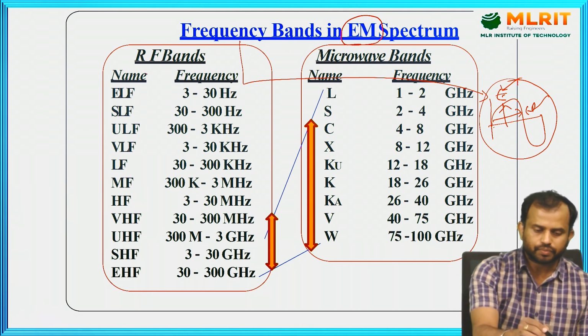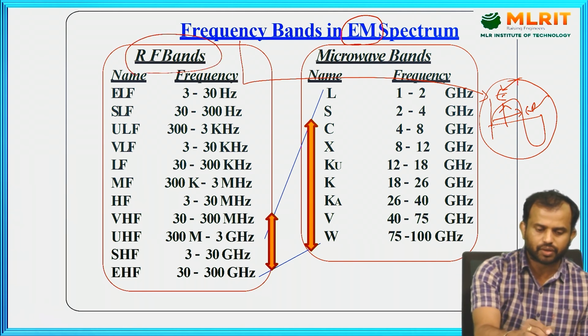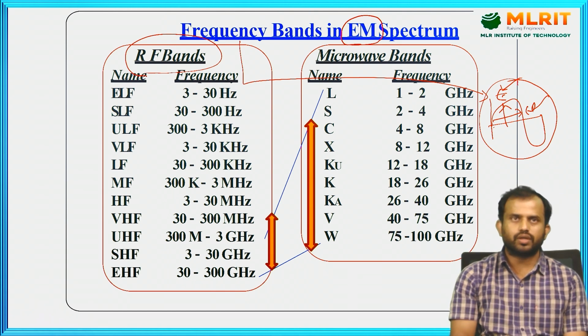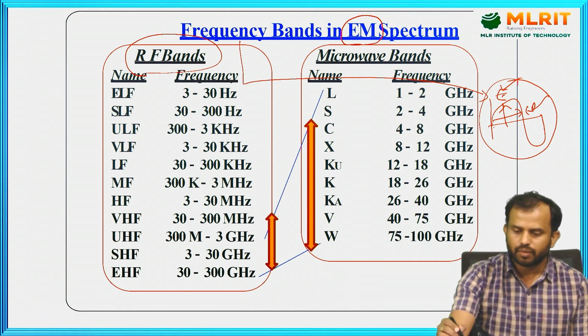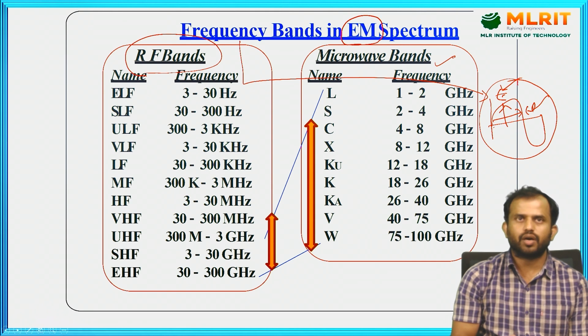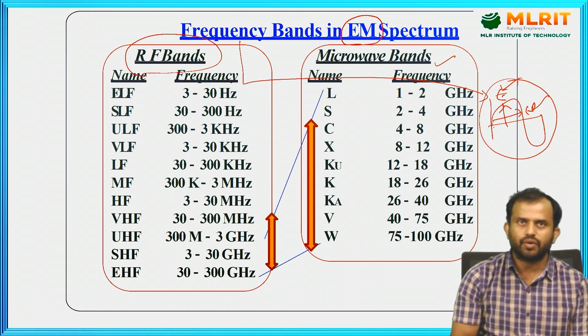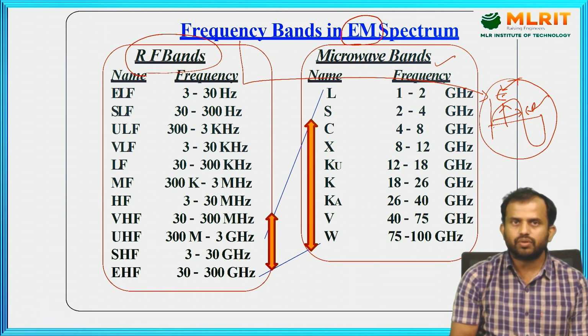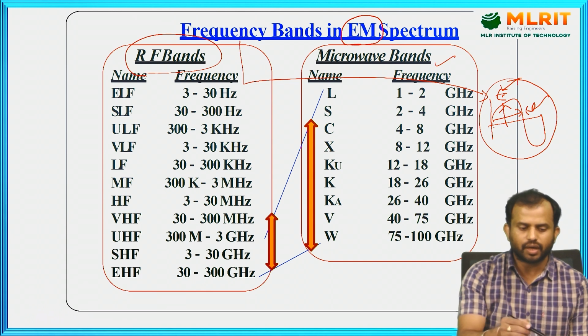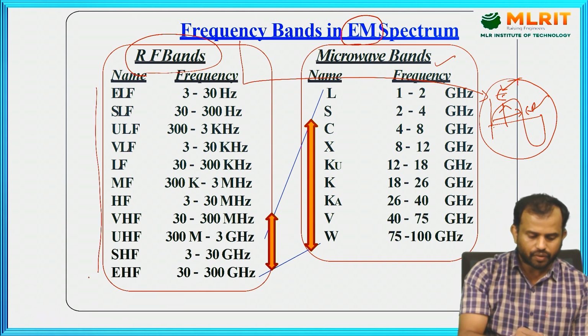As we are discussing the frequency spectrum, first we understand what the RF band is and what the microwave band is. The RF band is the radio frequency spectrum band. In the radio frequency spectrum, we have n number of bands and designations.